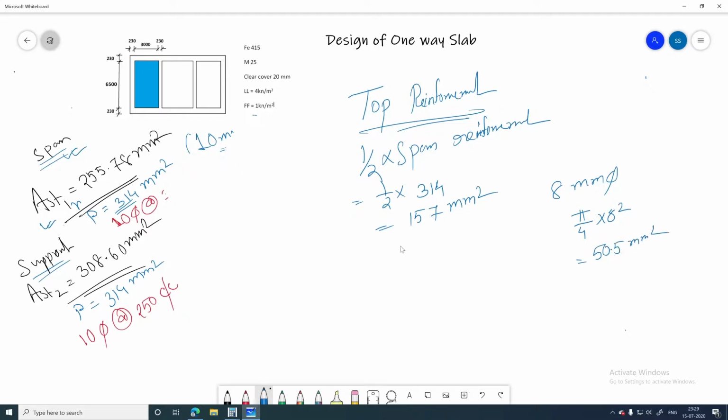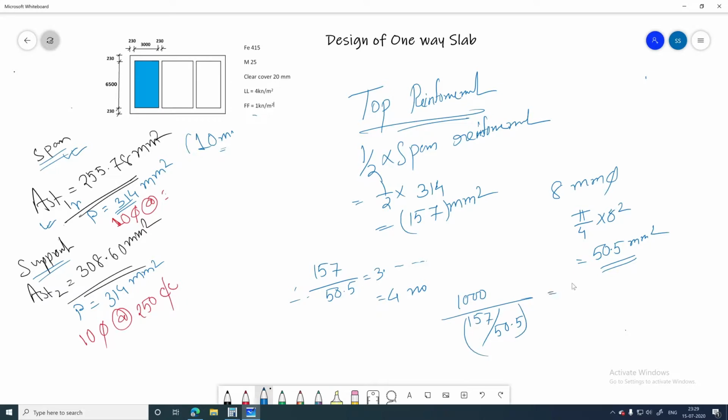So the number of bars that we provide is 157 by 50.5, that will be about 3 point something, so that is why we will provide 4 bars, and the spacing will be 1000 by total Ast provided, that is 157, by the area of cross section of a single bar, that is 50.5.